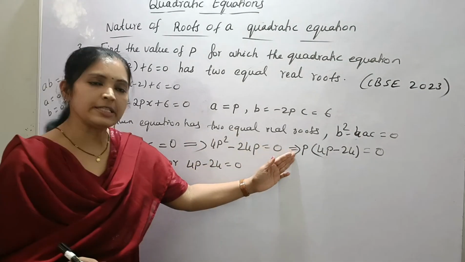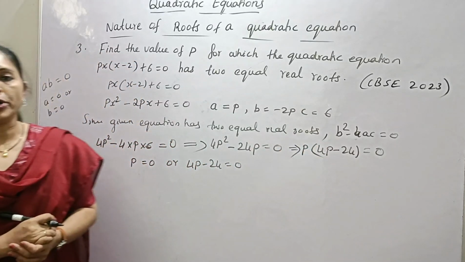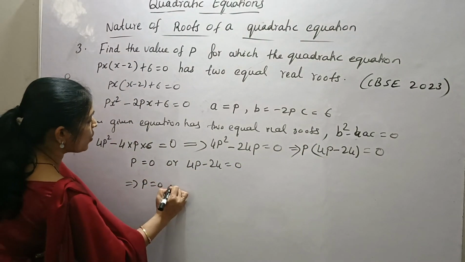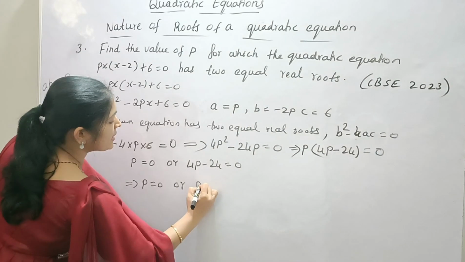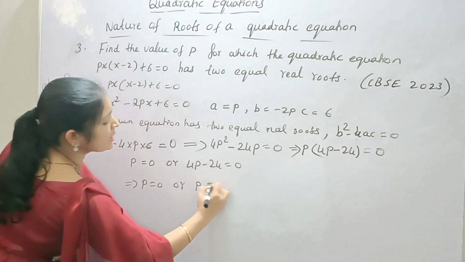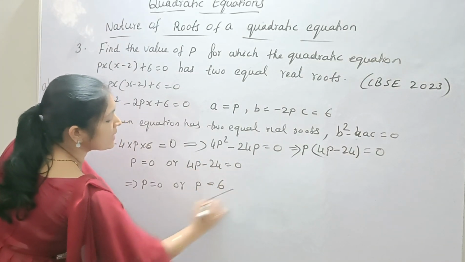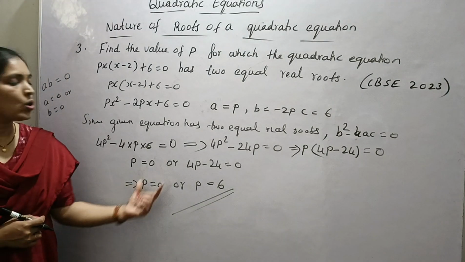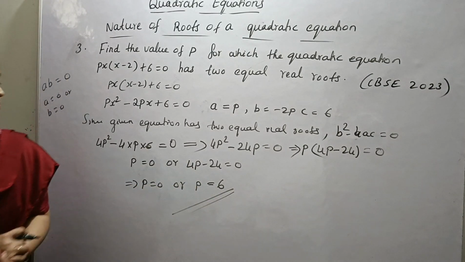That implies p is equal to 0 or 4p is equal to 24, p is equal to 24 by 4, that is 6. So value of p is 0 or 6.